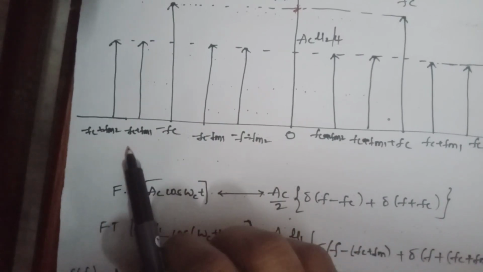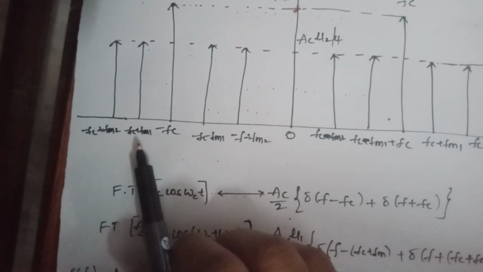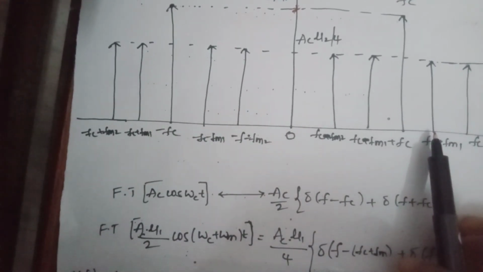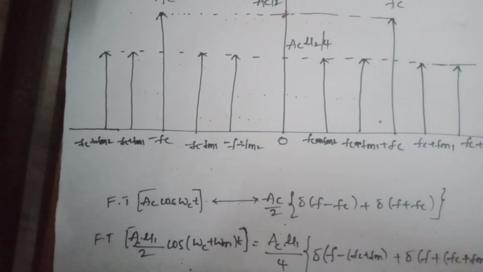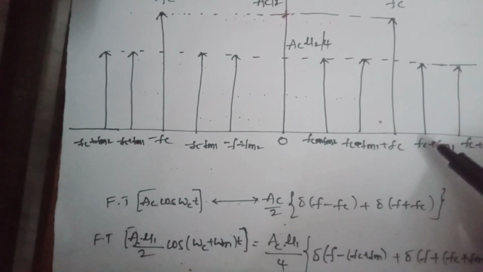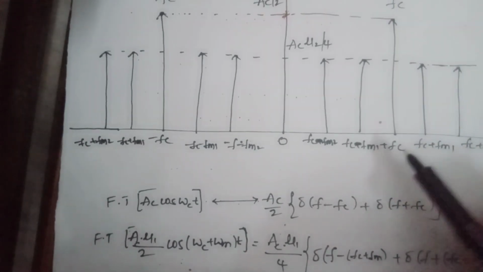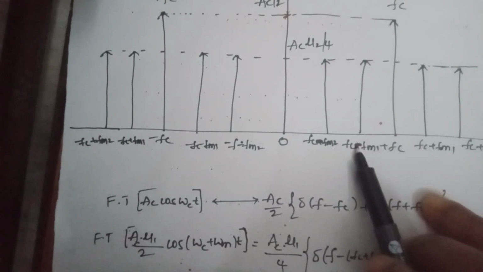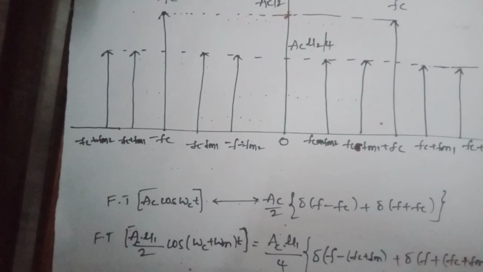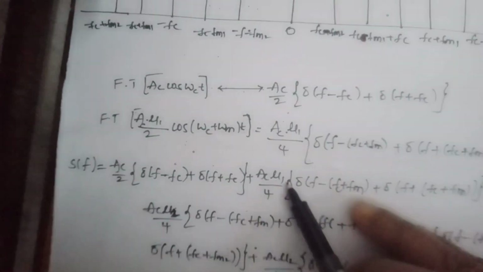Okay, so the left side is all negative frequencies, that is minus fc and minus fm both are negative frequencies, and the right side is for the positive frequencies. Okay, next for the m1 signal we have fc plus fm1 and fc minus fm1. Those have the amplitudes AC mu 1 by 4, AC mu 1 by 4.